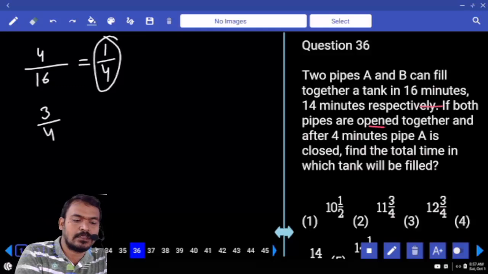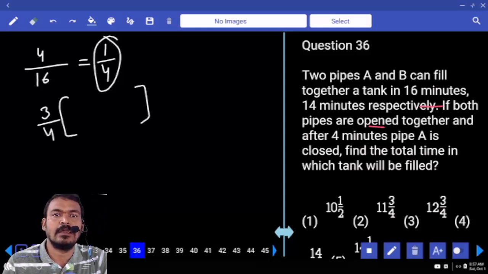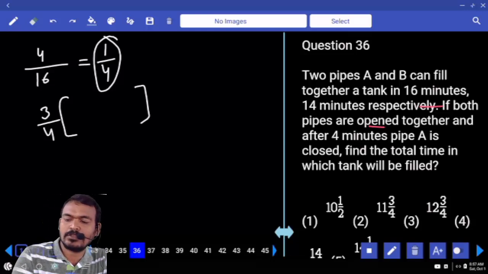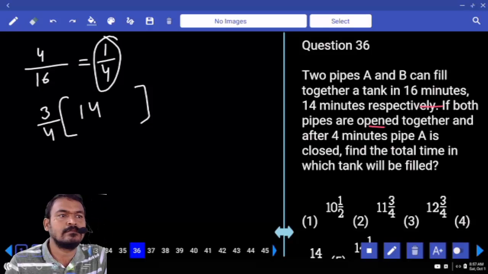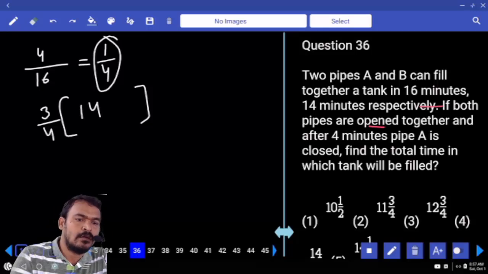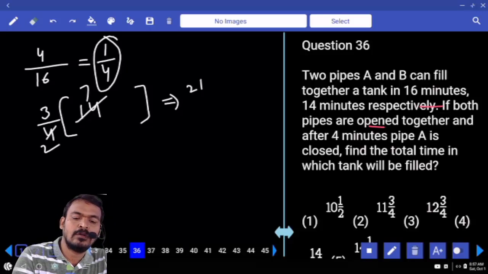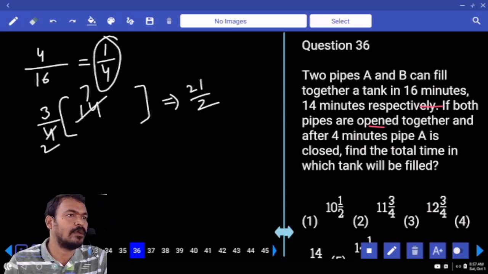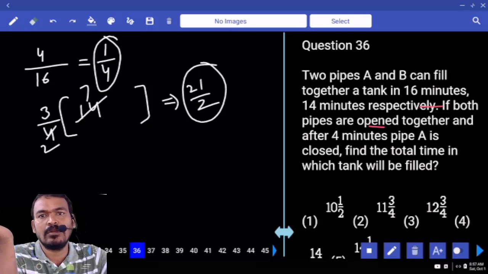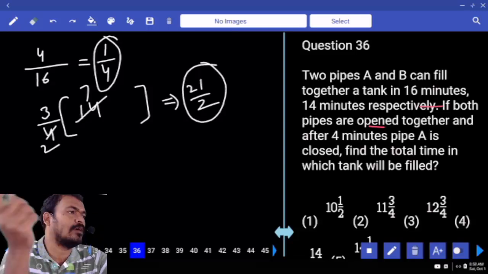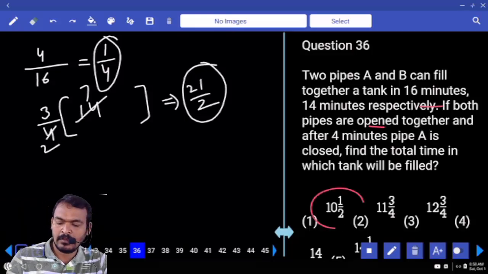That 3/4 is filled by only B. B's total time is 14 minutes. 3/4 of 14 is 21 by 2. So B is open for 21 by 2 minutes, and the total time is also 21 by 2. The answer is the first option.